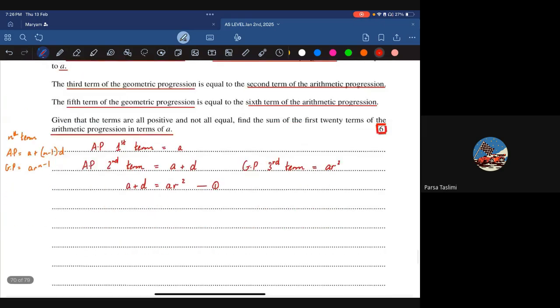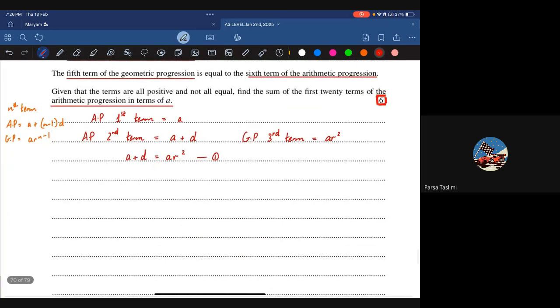Okay, let's look into this. The fifth term of the geometric progression is equal to the sixth term of the arithmetic progression. So the AP's sixth term is equal to what? A plus 5D, because it's A plus n minus 1 times D, and n is 6, so 6 minus 1 is 5. A plus 5D.